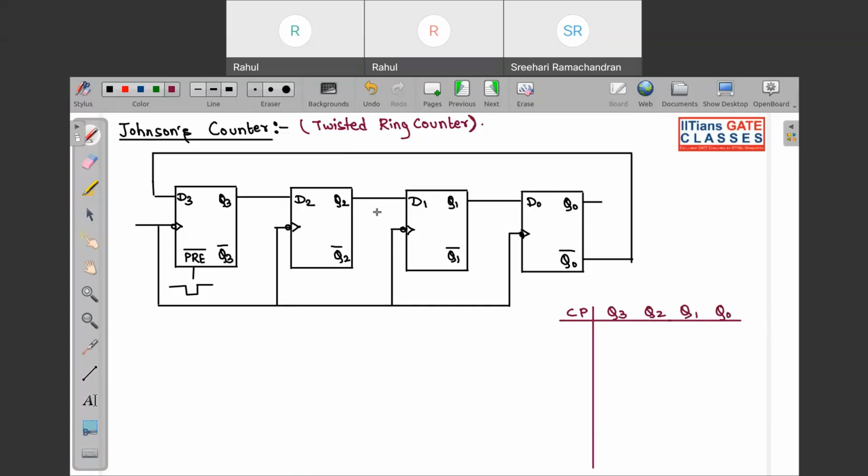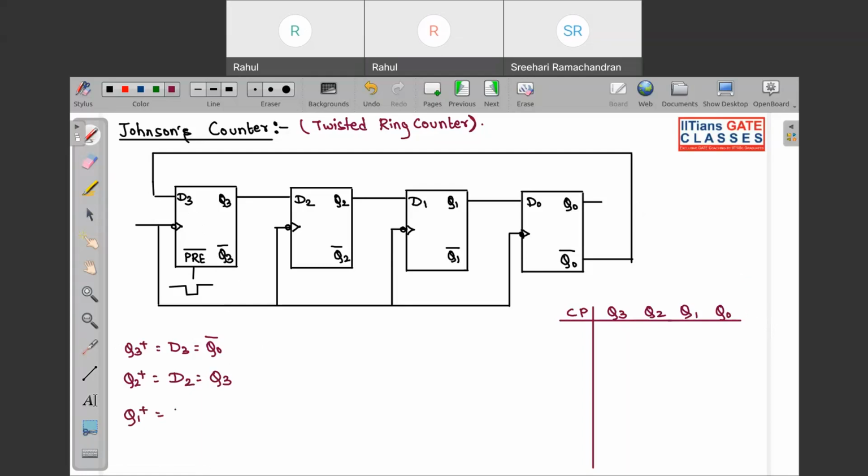Again, if we do the same analysis, let us write the next state equations. Q3 plus is equal to D3, and this is equal to Q0 complement. Q2 plus is equal to D2, and D2 is equal to Q3.